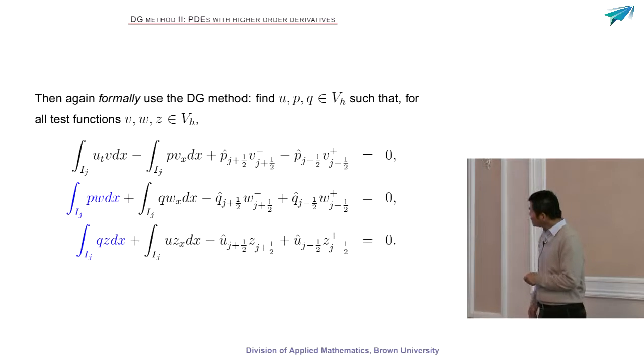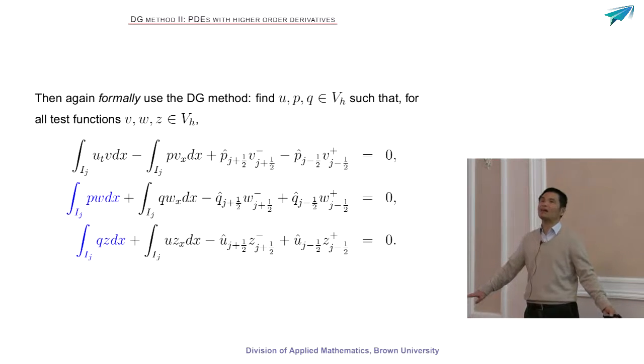However, let's look at the word LDG. Why is it still called local DG? Let's look at explicit time marching, even though explicit time marching is now very inefficient, but let's psychologically look at it first. If you know the solution at time level n, that means you know a polynomial for u at time level n.